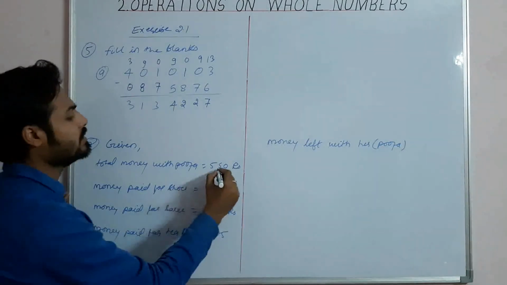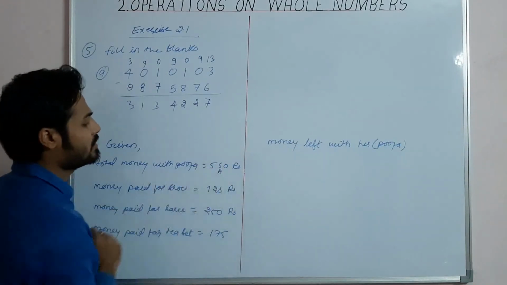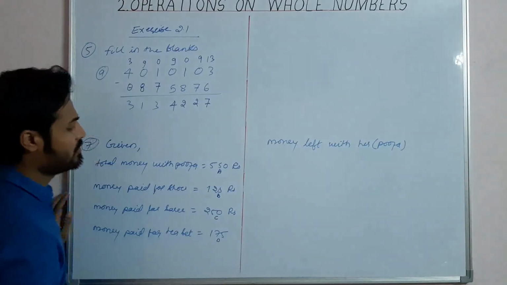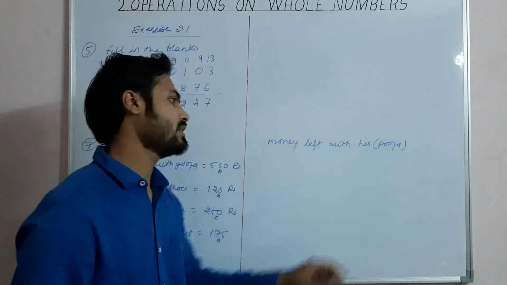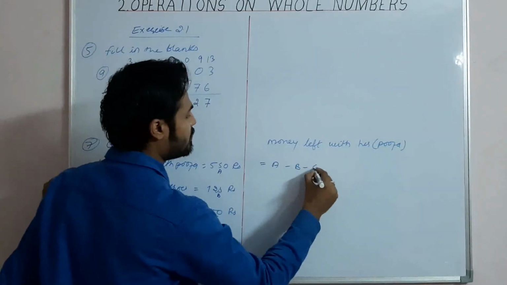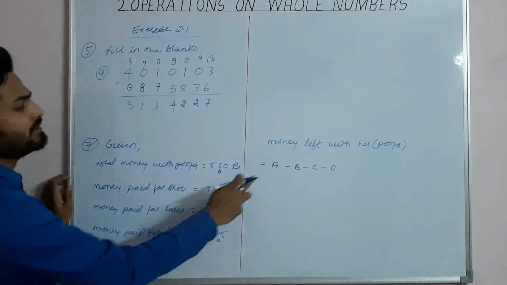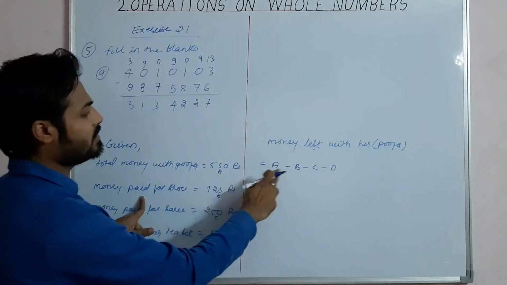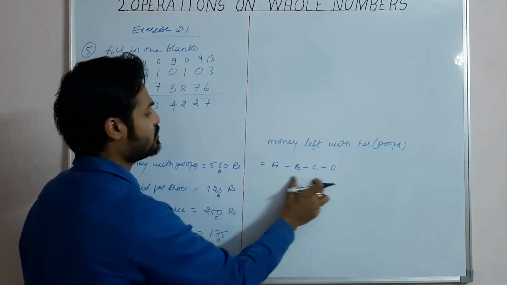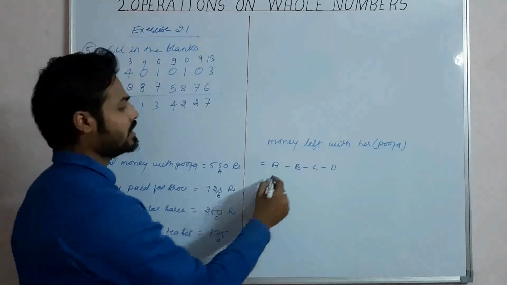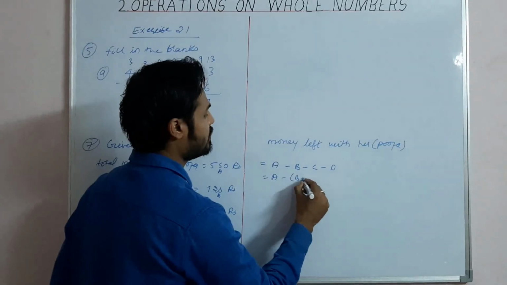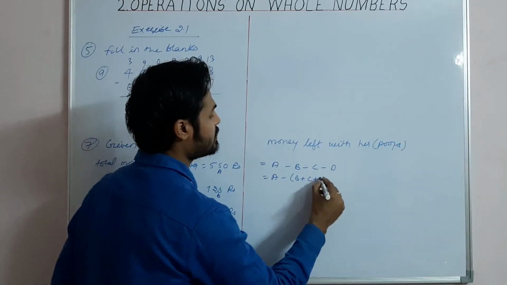In other words, if we assume that this amount is A, the second amount is B, the third amount is C, and the fourth amount is D, then the money left with Pooja is equal to A minus B minus C minus D. Initially 550, then paid 125, again paid 250 and paid 175. Also we can write A minus, inside the bracket, B plus C plus D.